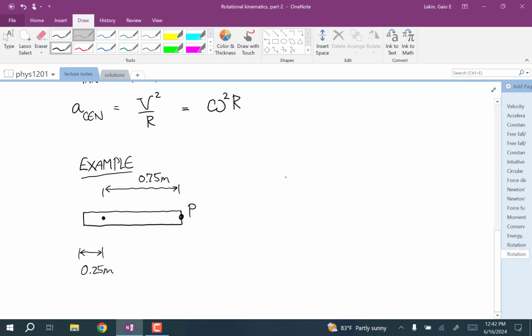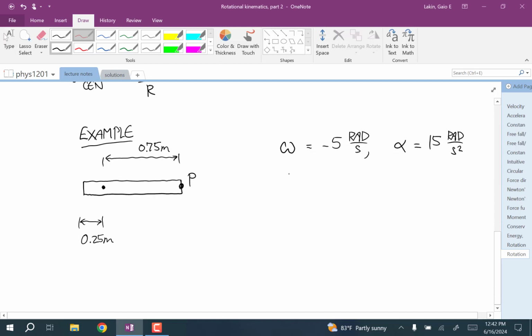And let's say that we're given that omega is -5 radians per second and alpha is +15 radians per second squared. And we want to calculate the velocity vector and the acceleration vector of the point P at this instant.